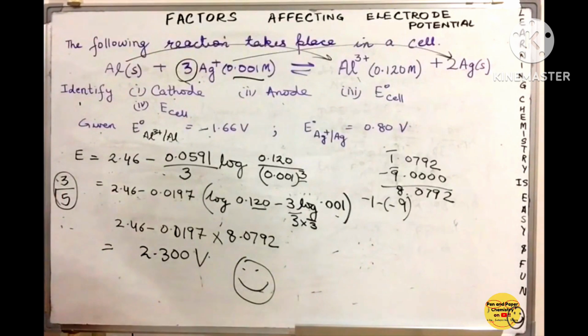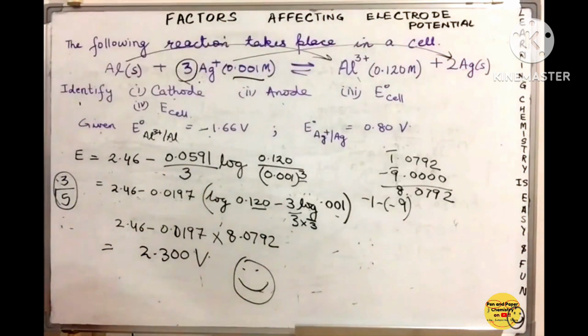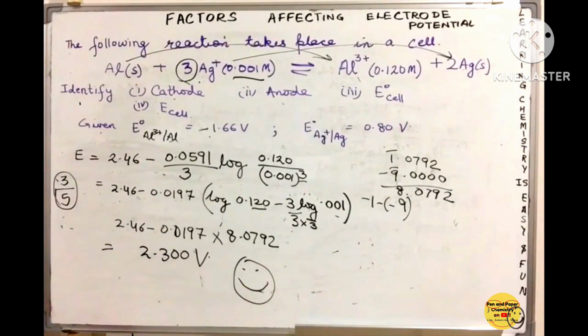So please don't give up. Just by looking at the question, you may think, oh my god, I don't know what these values are. Don't worry. Move step by step and you will get the solution. Or if you don't get the correct answer, at least you would have moved a step closer towards it. So don't give up the baby steps. Taking baby steps will lead you to your destination.